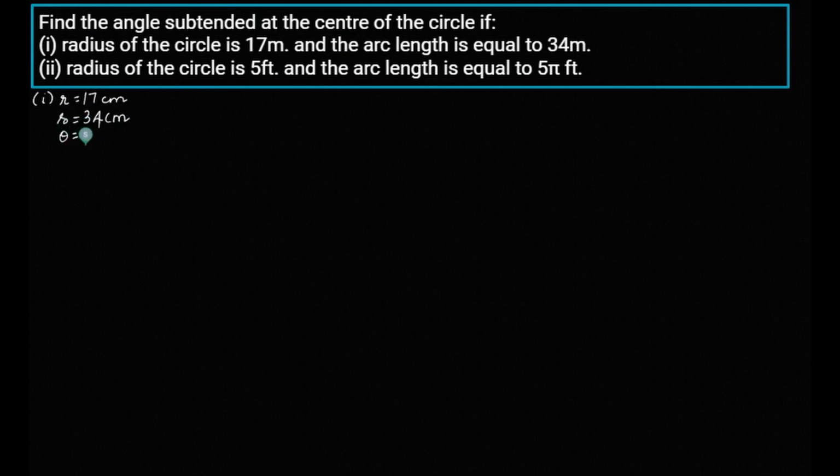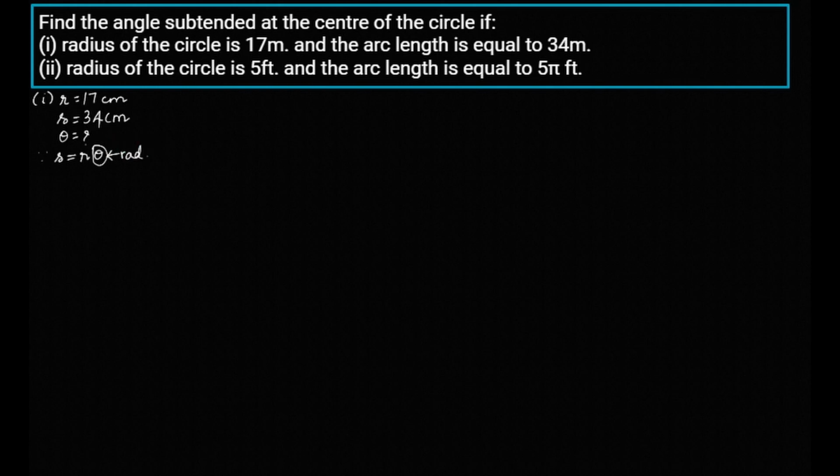So we know that S is equal to r theta. That is, if an arc of length s subtends an angle theta at the center of the circle of radius r, then s is equal to r theta. In this formula, we have to find out the value of theta. The obtained value here is always in radians.